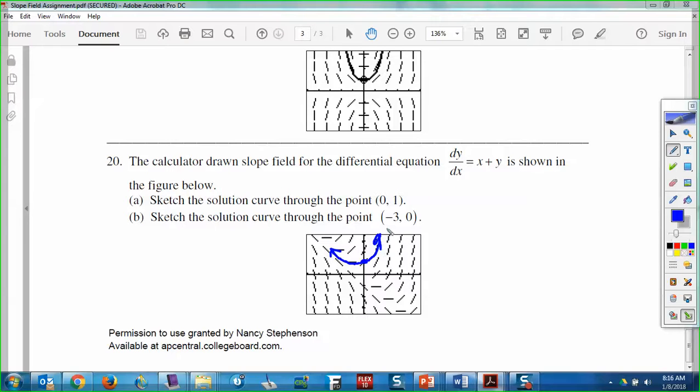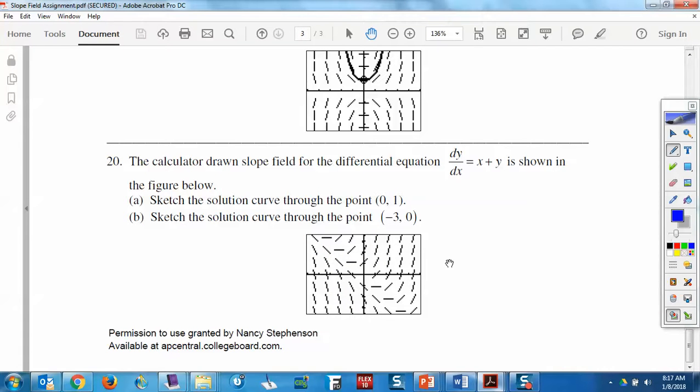Okay, and this is just going to go steeper and steeper. Now, negative 3, 0, though, you get over here, this one is kind of going down, down, down, and then up, up, up like that, but along the asymptote. This is just going to keep going down like so, and then you're going to have that. Okay? All right. So, anyway, that kind of rough sketches of that, but that's all right.